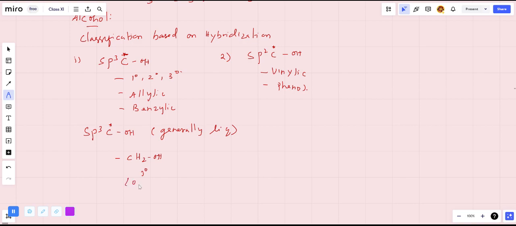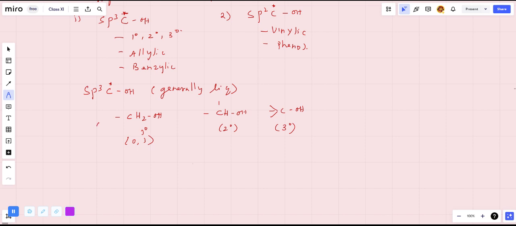If it is CHOH, this is secondary, and tertiary means the star carbon is attached to three other carbons. So this is the primary, secondary, and tertiary classification.